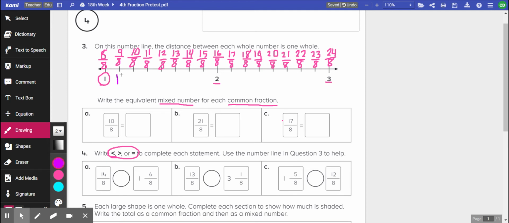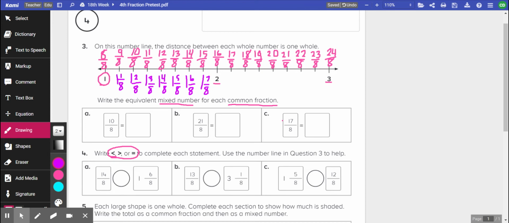So I would go 1 and 1/8, 1 and 2/8, 1 and 3/8, 1 and 4/8, 1 and 5/8, 1 and 6/8, 1 and 7/8. Now next would be 1 and 8/8, but remember 8/8 is 1, so that's 2 wholes.